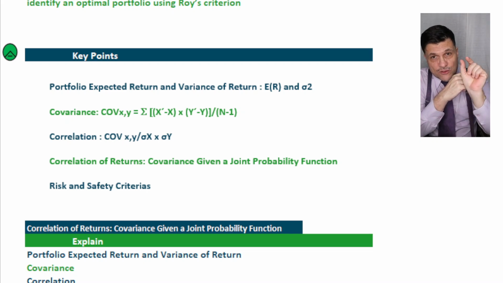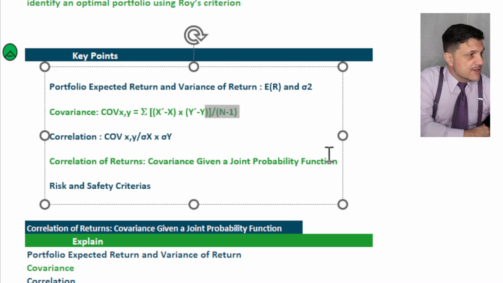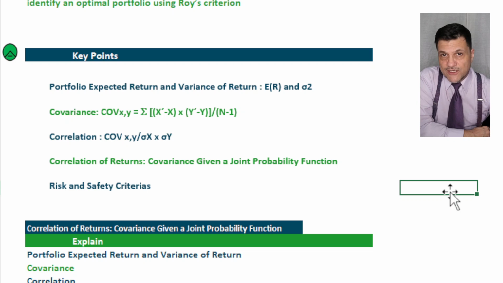Then you take all those deviations of X and deviations of Y, multiply each pair of deviations, add them, and divide by n minus 1 if it's a sample, as you're seeing here. If it's a population, you divide by n.